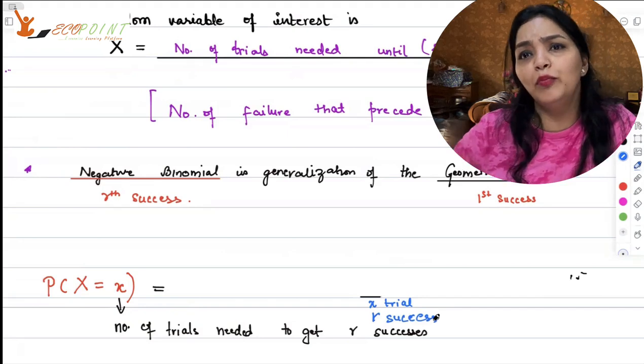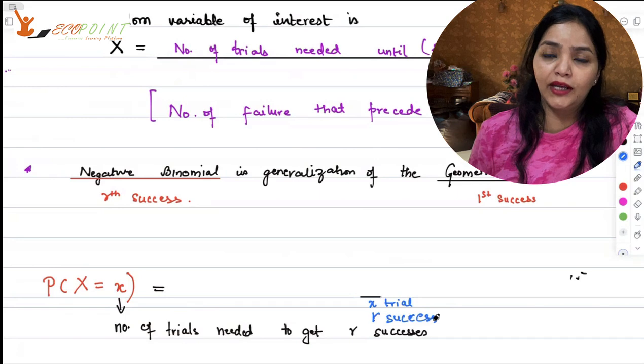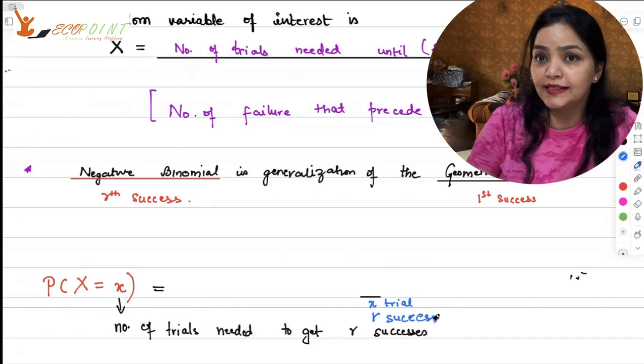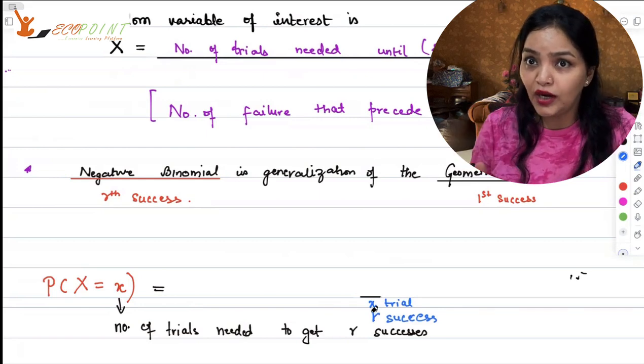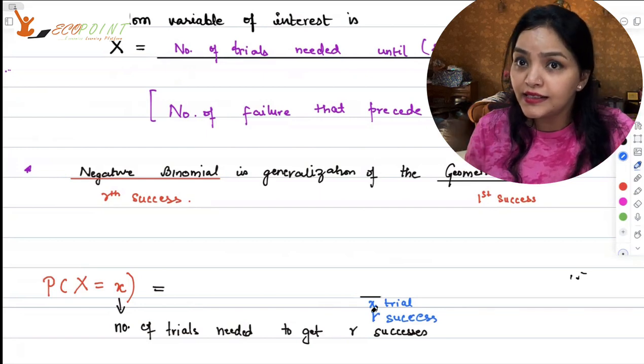And why would I go beyond that? I will not go beyond that in my trials, right? I will take the trials only for R successes. So the x-th trial, the last trial, is the rth success.